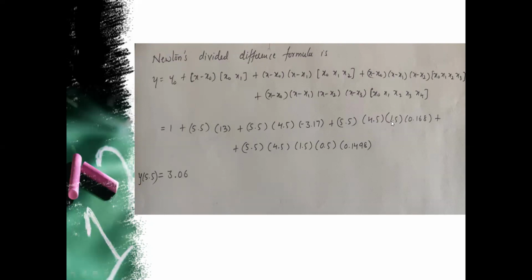So we get 5.5 minus 4, it is 1.5. Then the third divided difference value, 0.168. Again repeat x minus x naught, x minus x1 and x minus x2. Here we have x minus x3. 5.5 minus 5, we get 0.5, and the last divided difference value is 0.1498.